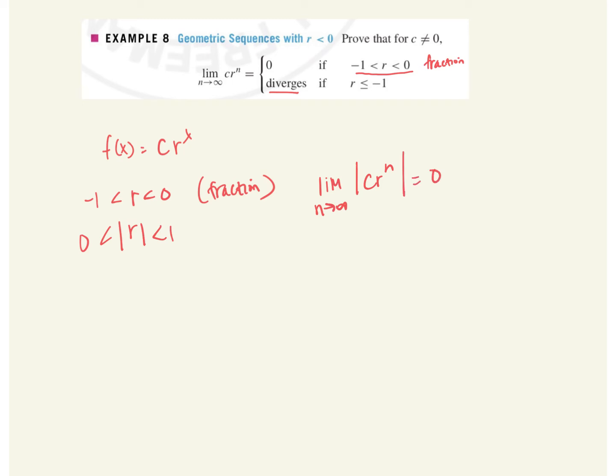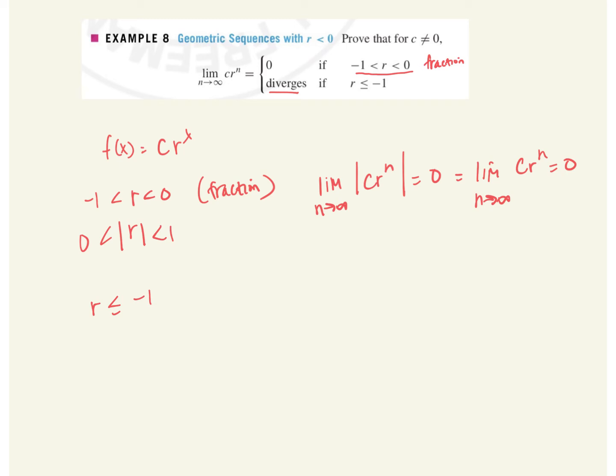No matter what, it is a fraction. The denominator is growing without bound, and therefore it will zero out. So this would be exactly equal to if I did the same proof without the absolute value signs. Okay. I cannot do this and make a true statement when r is less than or equal to -1.